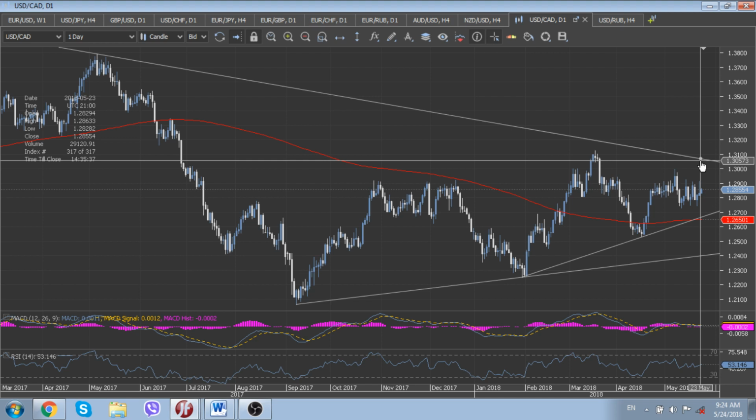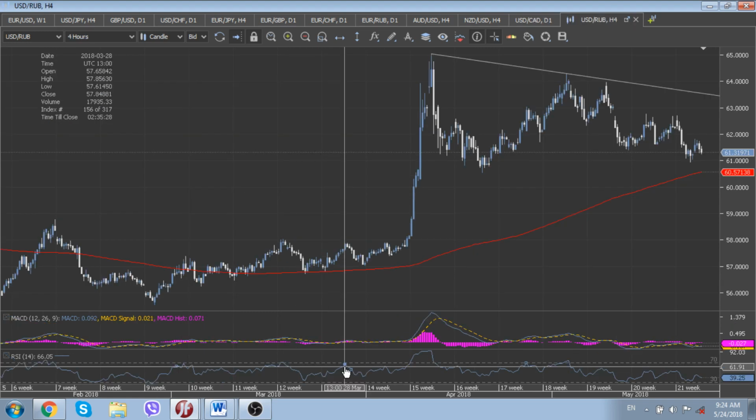Dollar ruble, and here the situation is also, as we suggest, not so bad for the Russian ruble, because from the point of view of higher energy prices and some other factors, the Russian ruble could extend its move to the upside. I mean the Russian ruble against the United States dollar.